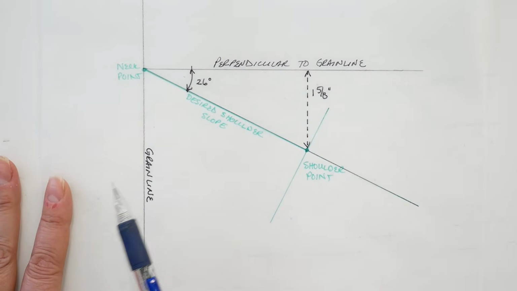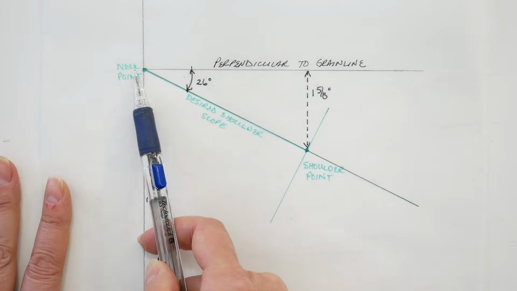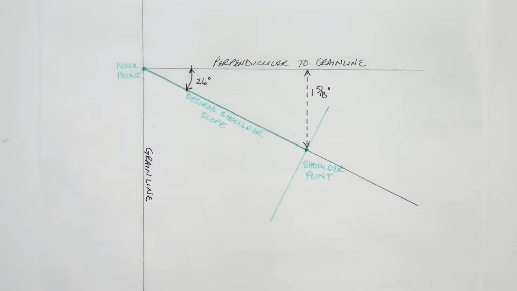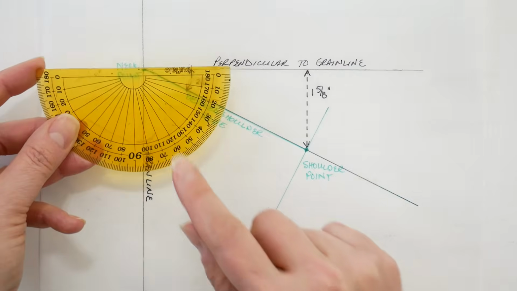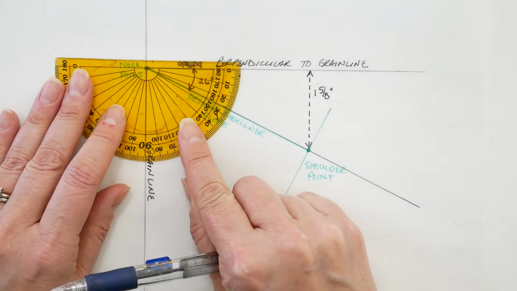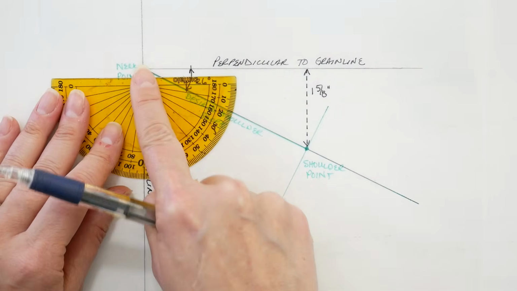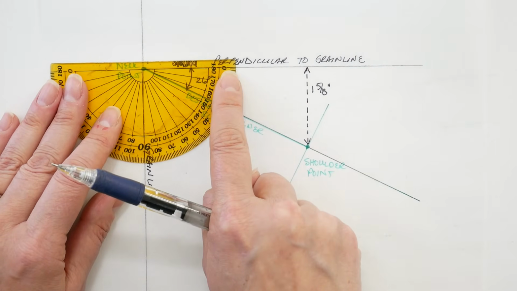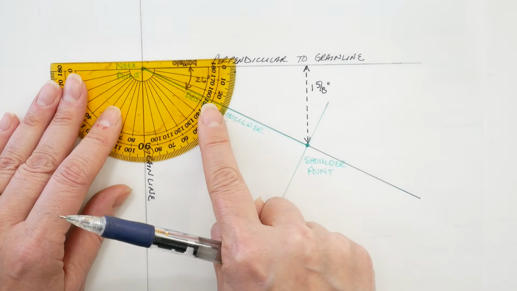So what I'm going to do now is figure out what the degree of slope this particular shoulder slope is on the pattern that's working for me. So what I'm going to do is simply take my protractor and lay the center line of the protractor on the grain line, which is intersecting with the neck point, and the horizontal line here that's at the 0 point along the perpendicular to grain line.